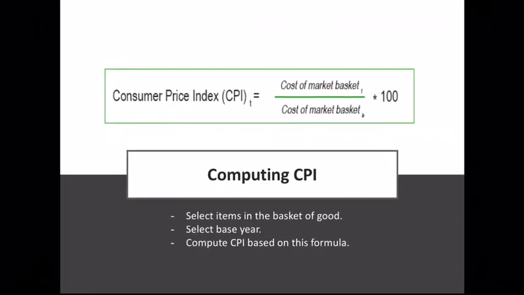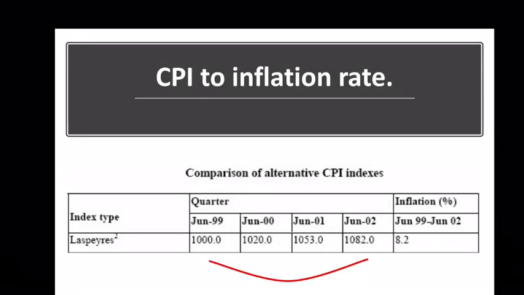So let's look at an easy example of how to convert a CPI to an inflation rate. In this example, we have the index type, which is one of many index types in the world. In this index type, the number goes up to 1000. Let's look at the years from 99 to 02.